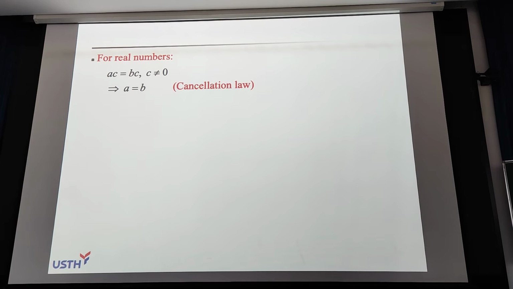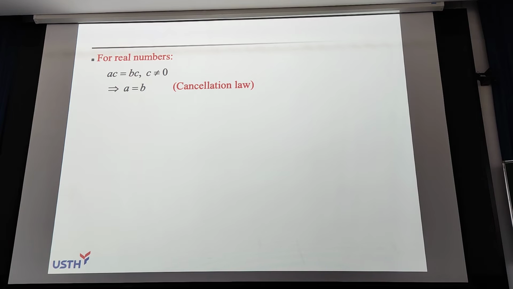The cancellation law says that if you have three numbers A, B, and C, and suppose that C is not zero, and suppose that the product AC equals BC, then we can cancel C on both sides to get A equals B. So that is the cancellation law.